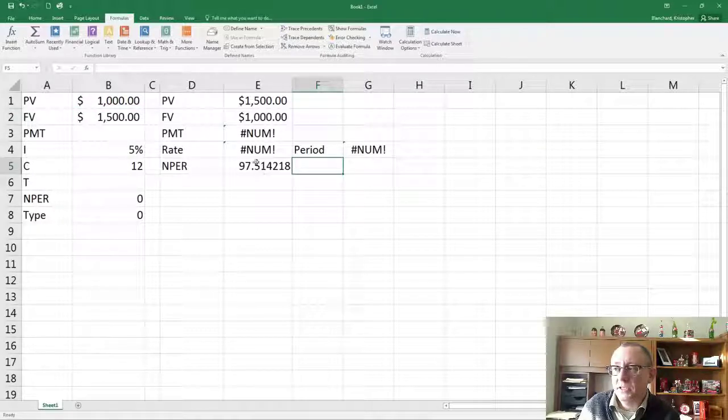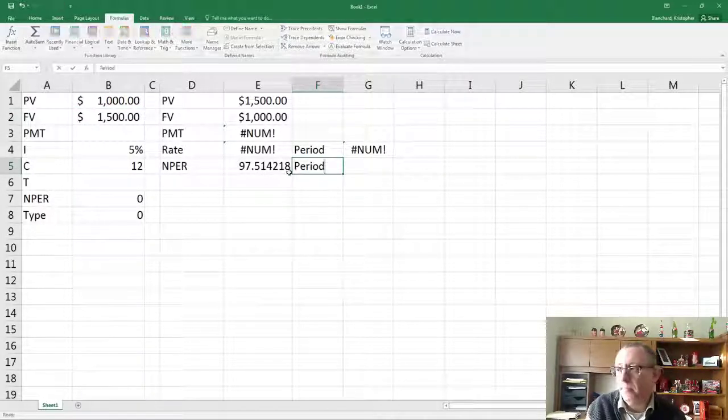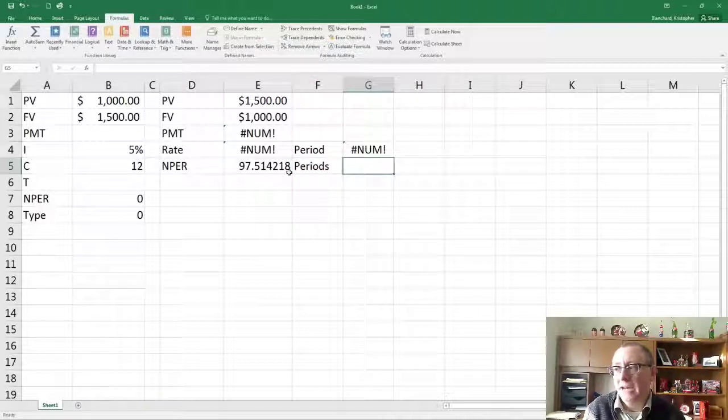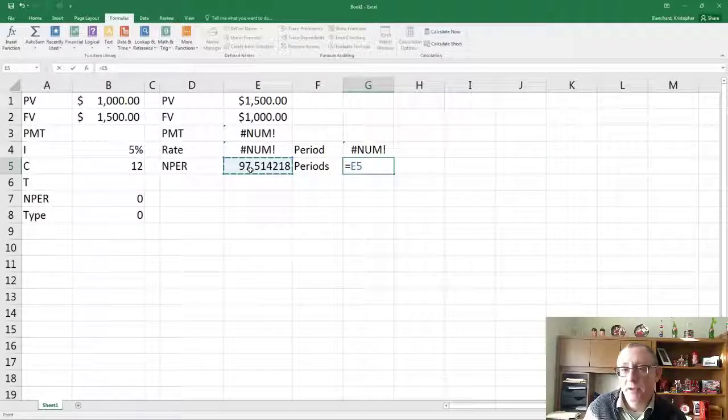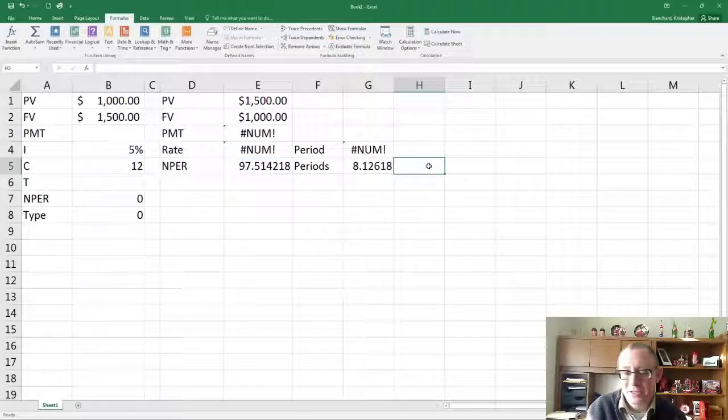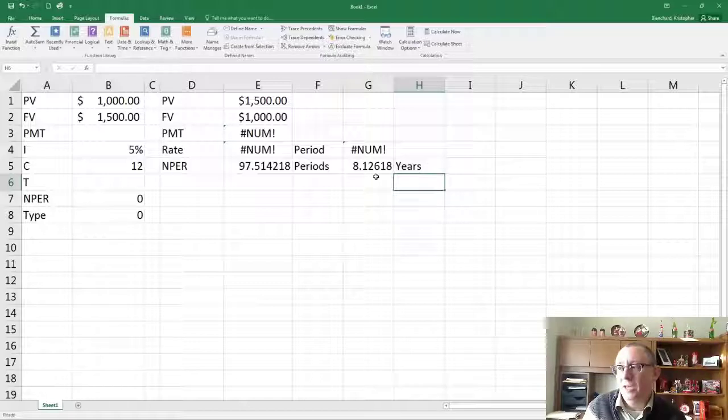So this one would tell us that we need 97 periods, right? So if you want to know that in years, you're going to need to take your NPER and divide it by our compounding, and then hit enter. And then this would tell us it would take you 8.12 years to get that.